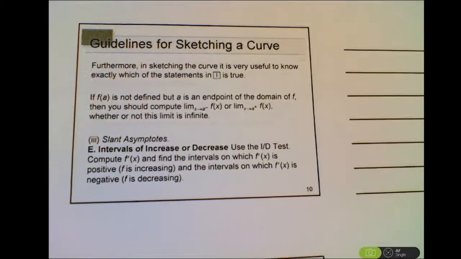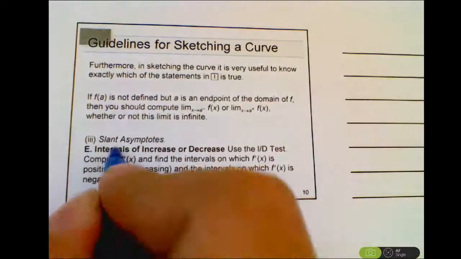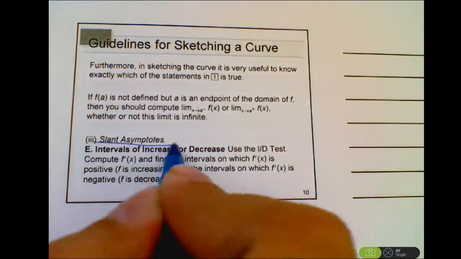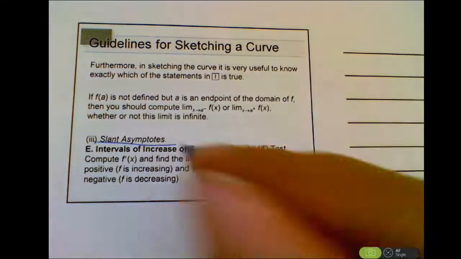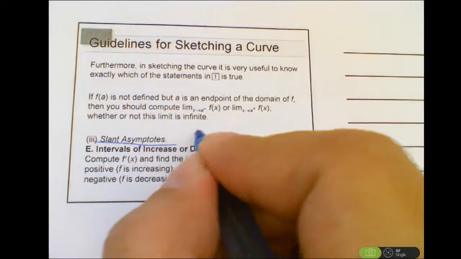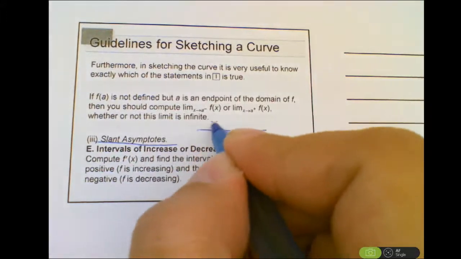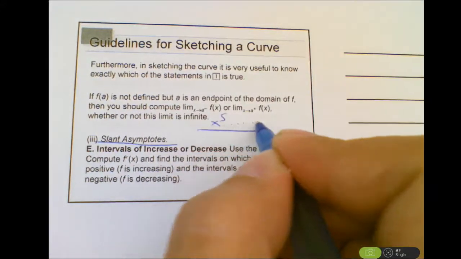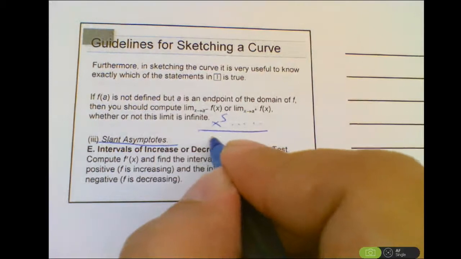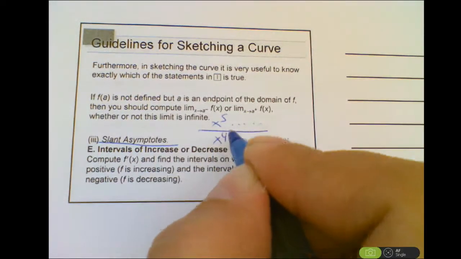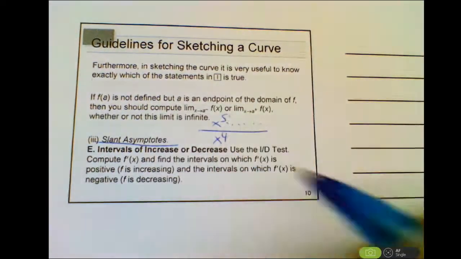Slant asymptotes is something that we have done in pre-calc, and they occur whenever I have a polynomial, let's say degree 5, and I have another polynomial in the bottom of degree 1 less than the degree on the top.